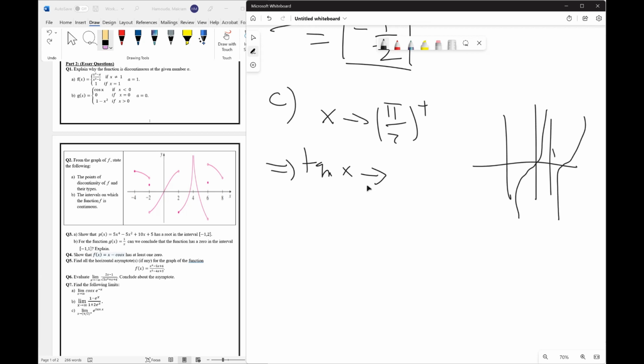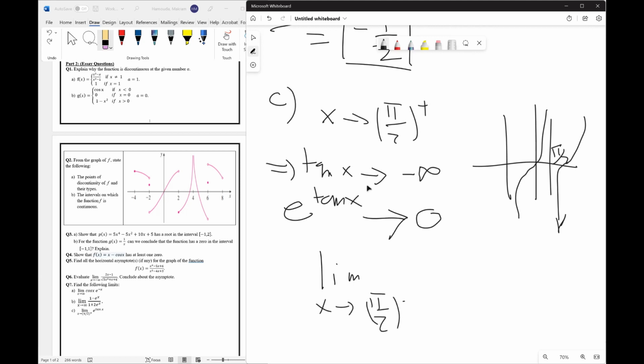So this is pi over 2, and at pi over 2 plus, we are going to minus infinity. So tan x approaches minus infinity. Then exponential tan x will approach exponential minus infinity. That means 0. So the limit when x approaches pi over 2 plus of exponential tan x is equal to 0.